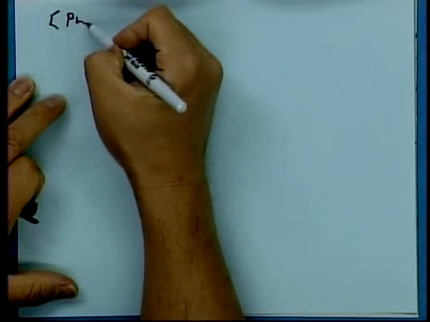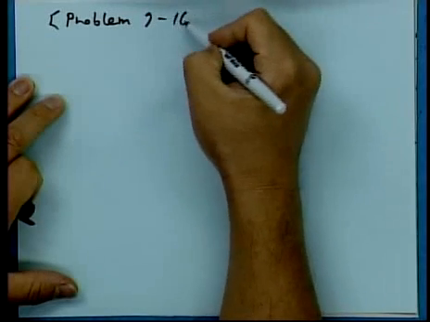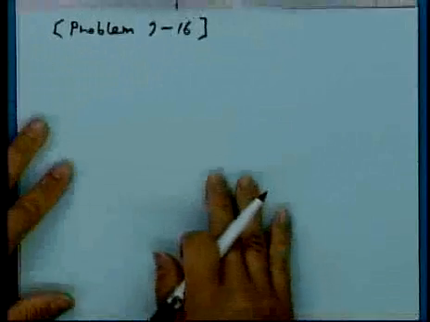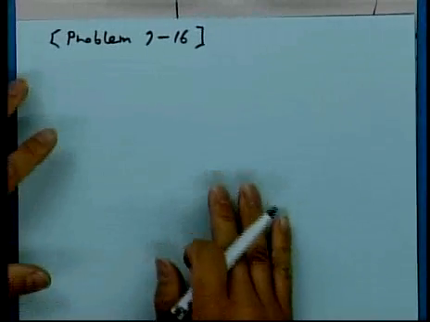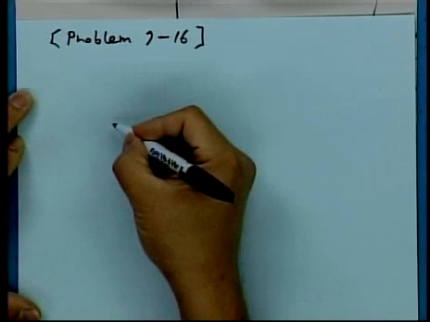For the following diagram, we need to compute the rate of return. We are solving problem 7-16. Okay. So the given cash flow diagram is like this.